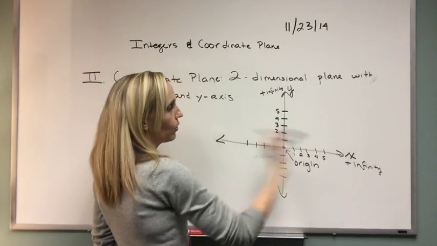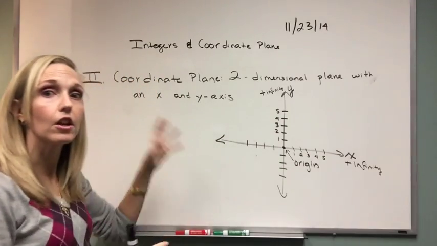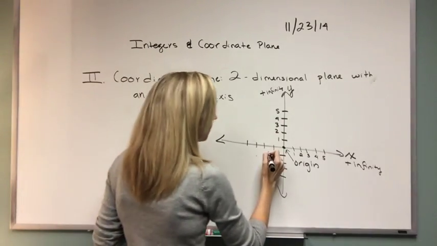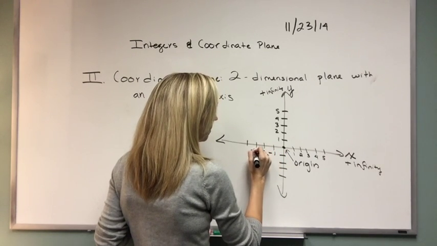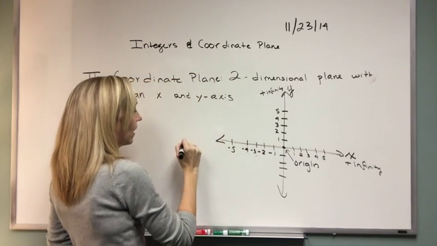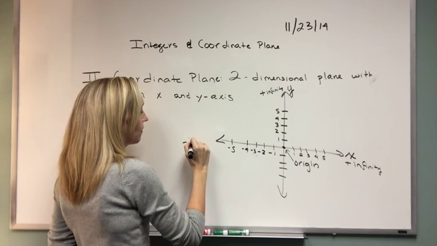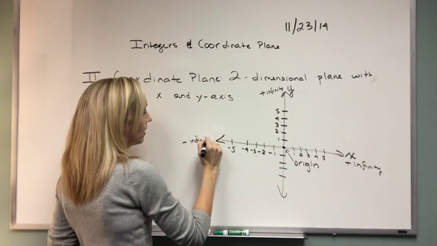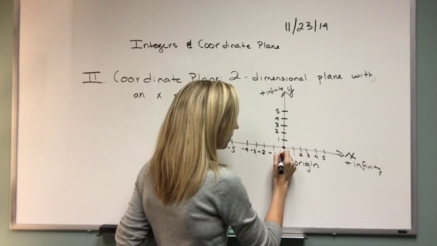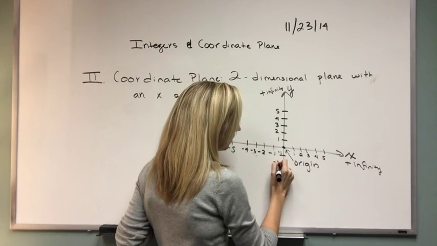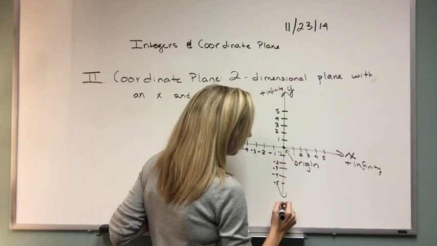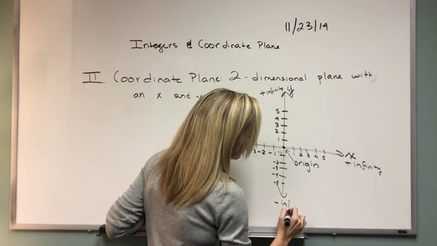Over here, though, when we go to the left, just like on the number line that I drew previously, anytime you go to the left, it is negative. So we have -1, -2, -3, -4, -5. Again, now going to -infinity. And when we go down, we also have negative numbers. So this is -1, -2, -3, -4, -5, all the way down to -infinity.